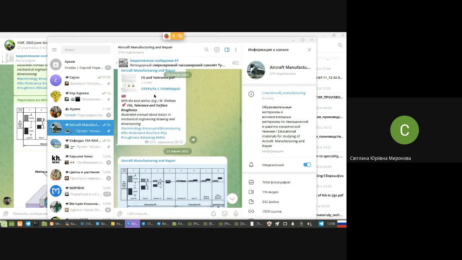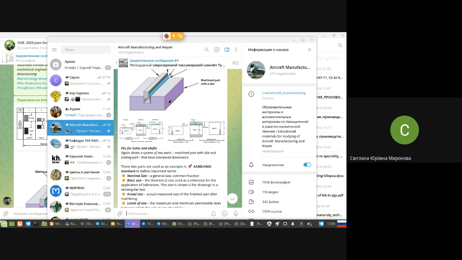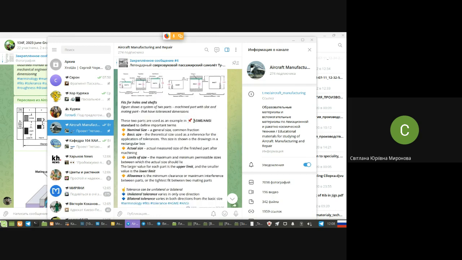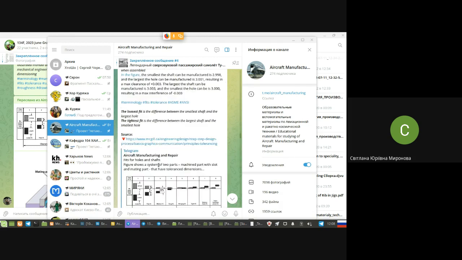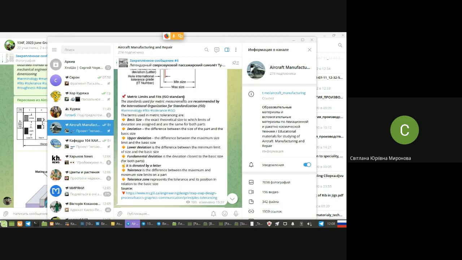If you open these files, you will see that there are systems of American countries, represented by ASME, American Society of Mechanical Engineers, and American National Standards Institute, and ISO standards. Next one here is the metric system, ISO standards.